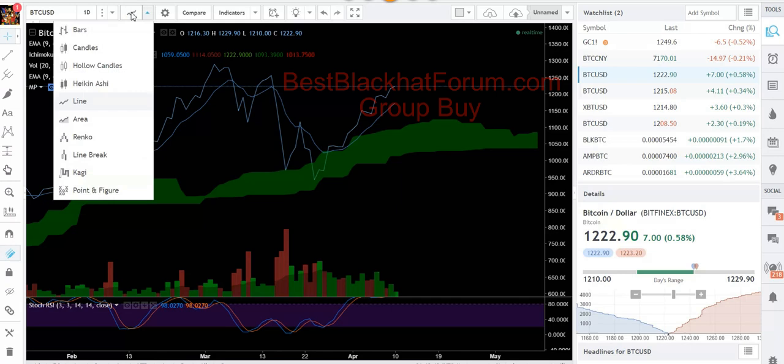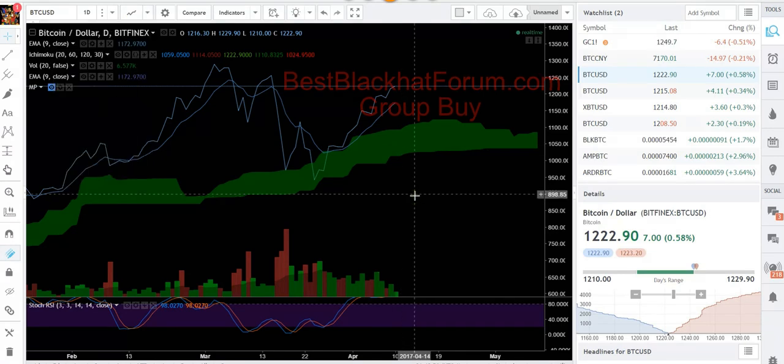Now the line chart I use a lot to show me the core price. Okay, it doesn't show us the expansions in price, the extreme highs and the extreme lows. It's just showing us the open and close for that time period. So it's a good indication to get a true representation of price in a time frame.